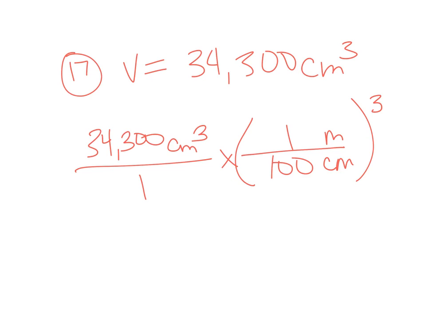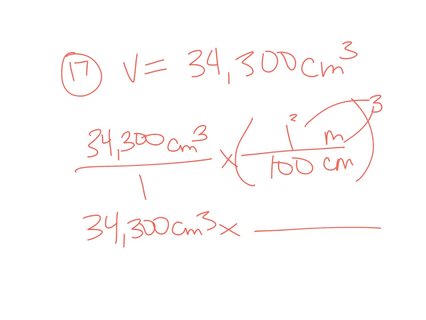And then you have to apply the cube to both of those. So I'm going to rewrite 34,300 centimeters cubed over 1 to the power of 3, which is still 1, times 100 to the power of 3, so that's 100 times 100 times 100, or you could put it in your calculator.